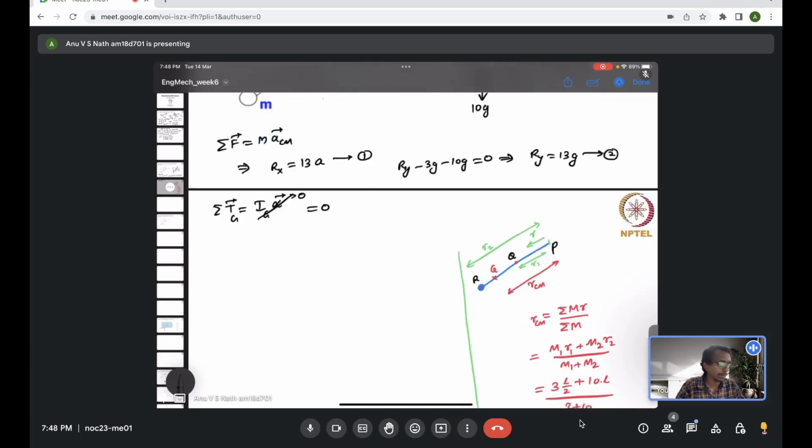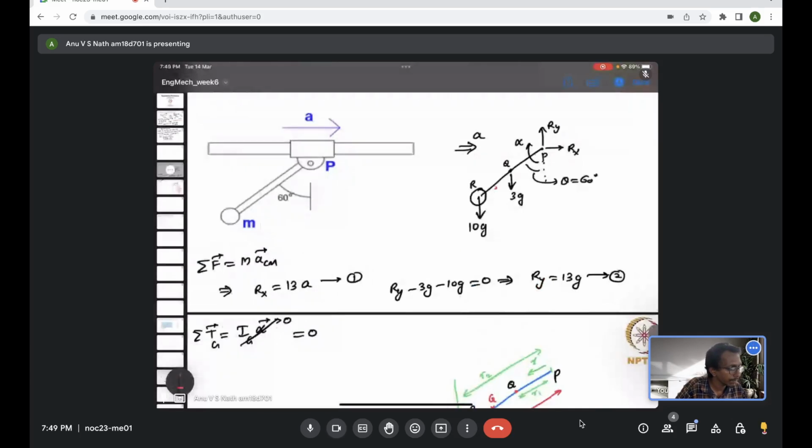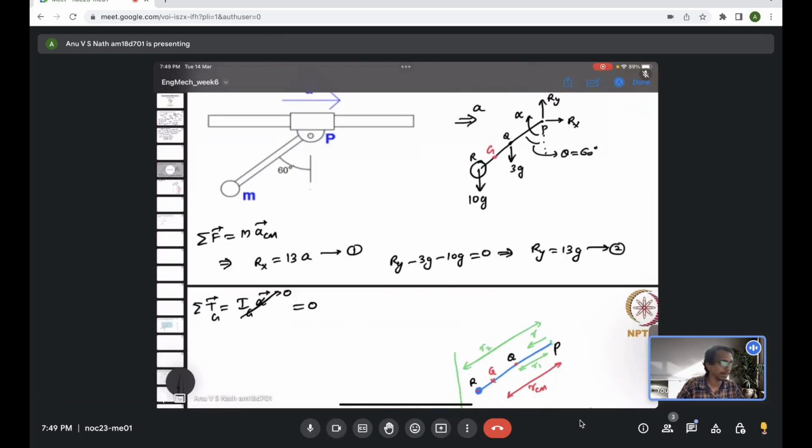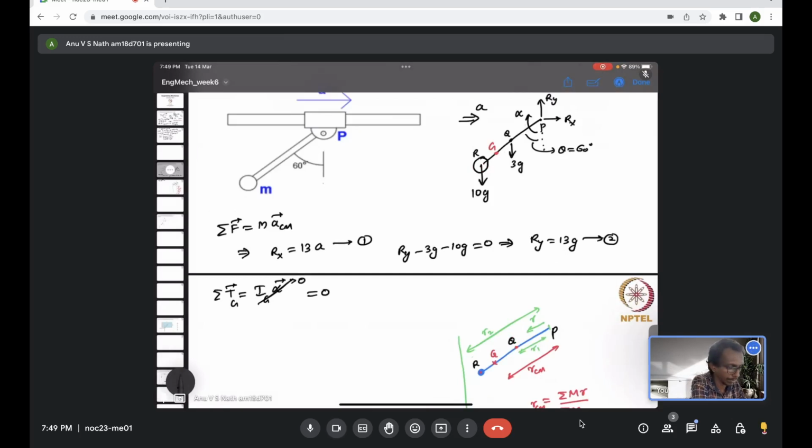Now you can evaluate the torque about the center of mass that I have evaluated, which is the location G. G will be somewhere here in the rod. About the point G, we have to evaluate the moment.